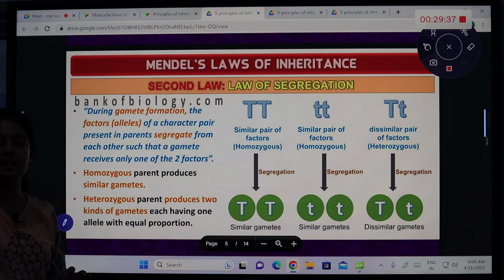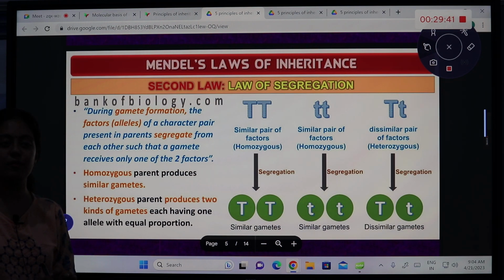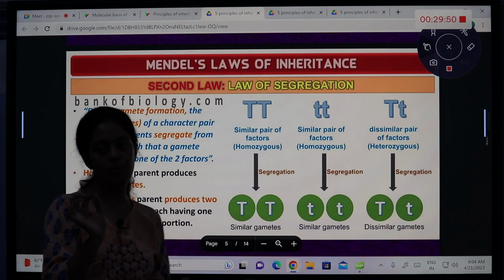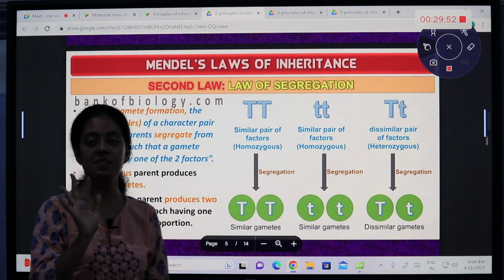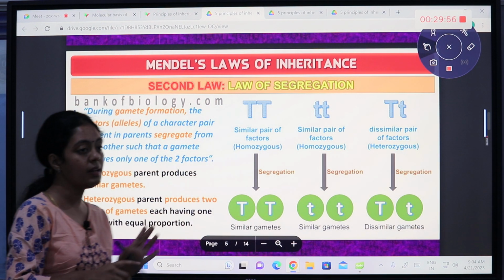If there are two alleles, one allele will go to 50% of the gametes, the other allele will go to the other 50% of the gametes. Segregation means separation. When does separation happen? During meiosis, during gamete formation. Is it clear? So the law of segregation is exclusive only to gamete formation or meiosis.